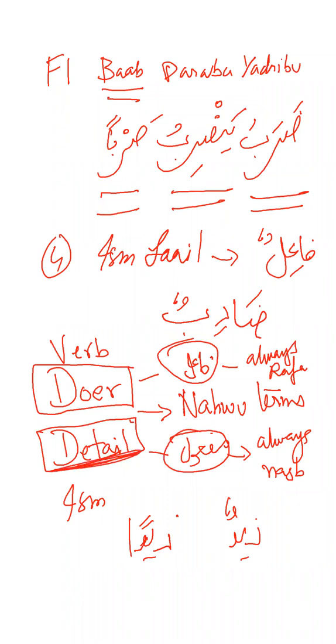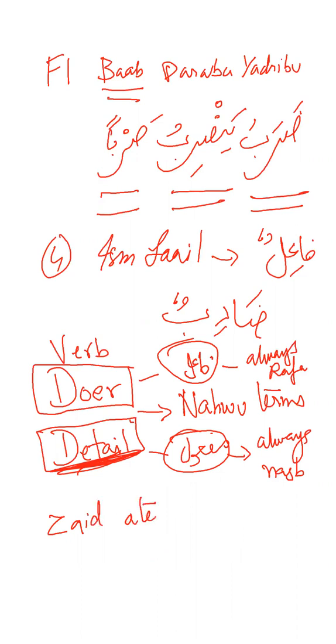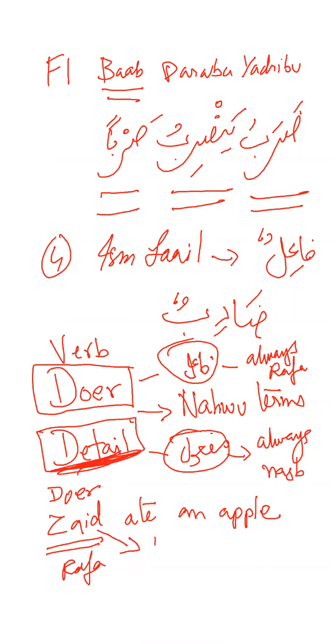Like if I say, Zaid ate an apple. Zaid is the Rafa, the doer. Now here we can exchange Zaid with Hamid, right? We can even say a donkey.